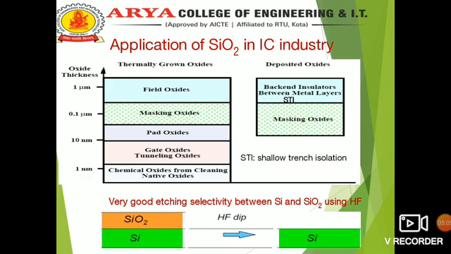It is used for surface passivation, which is nothing but creating a protective SiO2 layer on the wafer surface, and there is very good etching selectivity between silicon and silicon dioxide using HF.